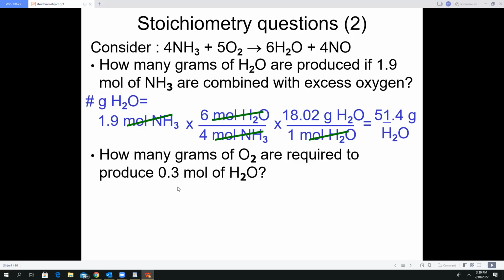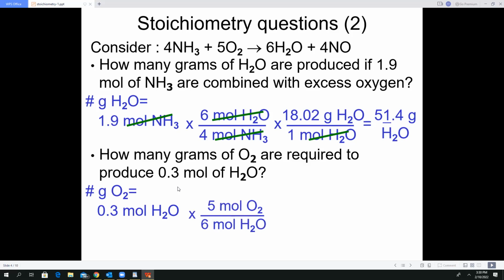Right. Same thing with grams of oxygen. Okay. So it says how many grams of oxygen are required to produce 0.3 moles of water? Well, in this case, we want to do 0.3 first and then do our mole ratio between water and oxygen, which is 5 and 6, right? And then multiply that times the molar mass of O2, which is 32.